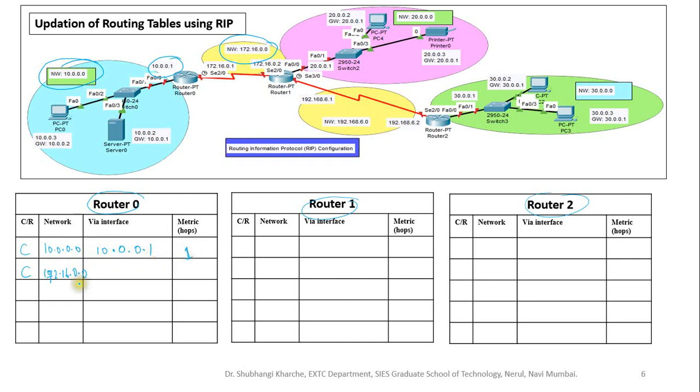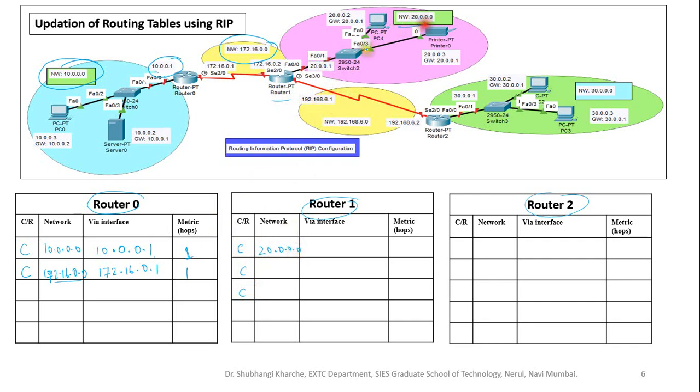Now router 0 can reach this class B network 172.16.0.0 via the interface 172.16.0.1 with a hop count of 1. Similarly, router 1 has got its directly connected networks. There are three directly connected networks. One of them is a LAN network 20.0.0.0.